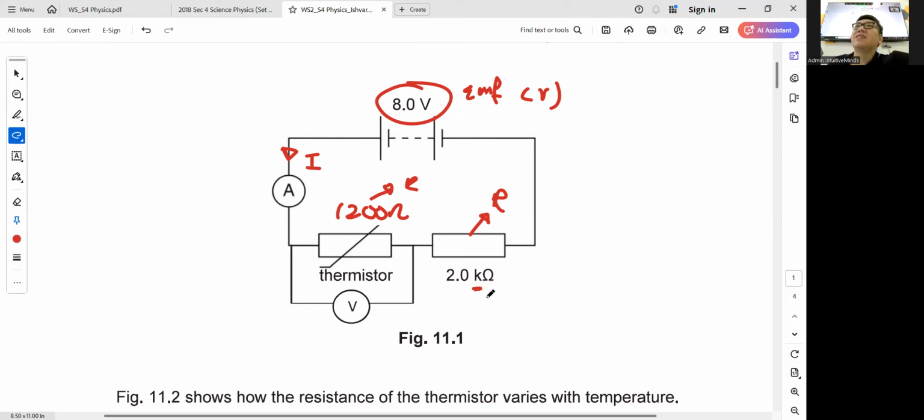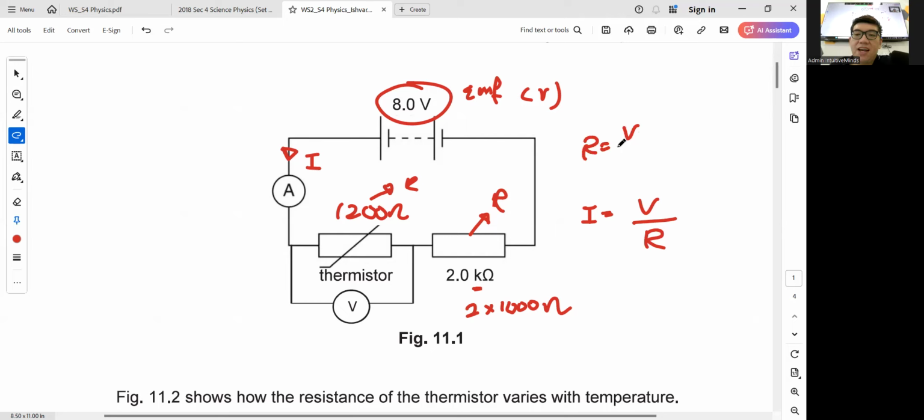What does this mean? So do you need to convert? So what's your I in the end? It's 8 divided by 1,200 plus 2,000. Yeah. So we are applying the V over R formula.